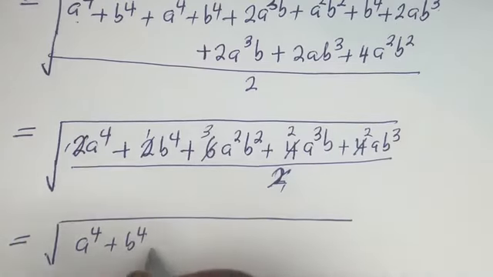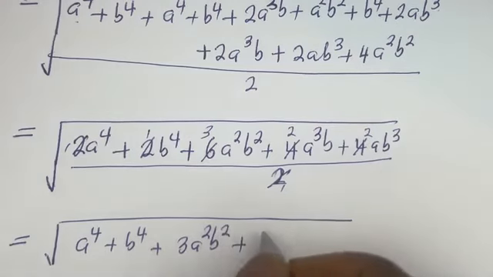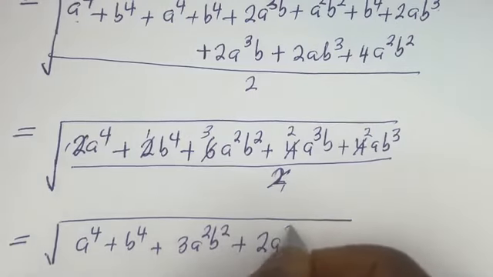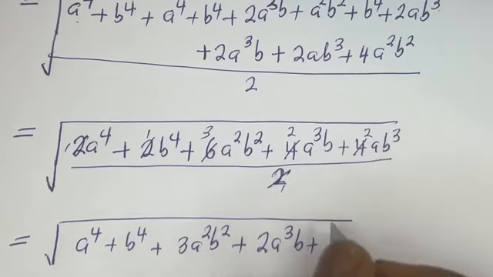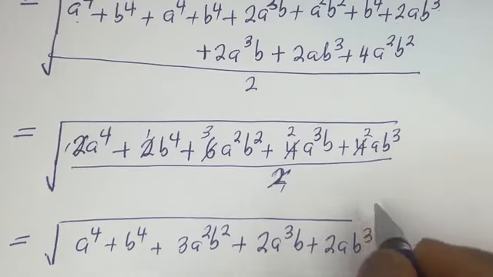And then plus 3A square B square plus 2A to the power of 3 B plus 2AB to the power of 3.